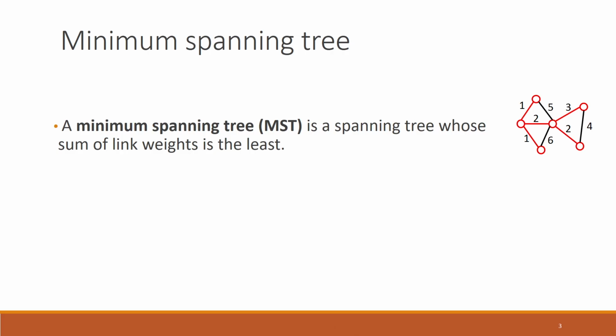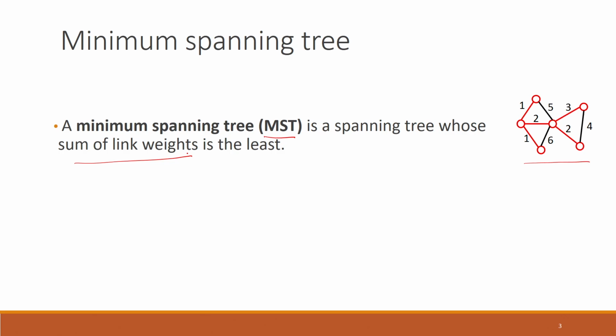Now, a minimum spanning tree, or in short also called MS tree, is a spanning tree whose sum of link weights is the least. Consider this figure which is shown here. Now we have different weights provided to different links. We are not looking at just any spanning tree; we want the spanning tree that has the least sum of link weights.